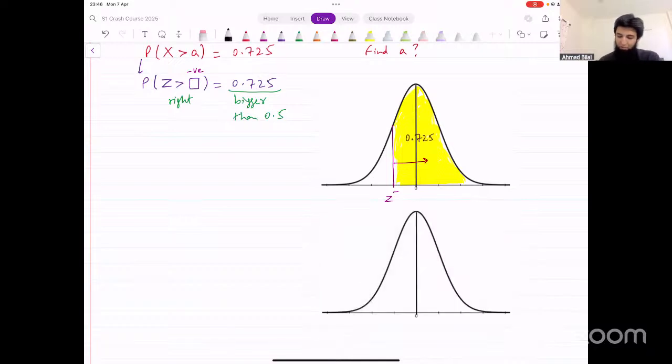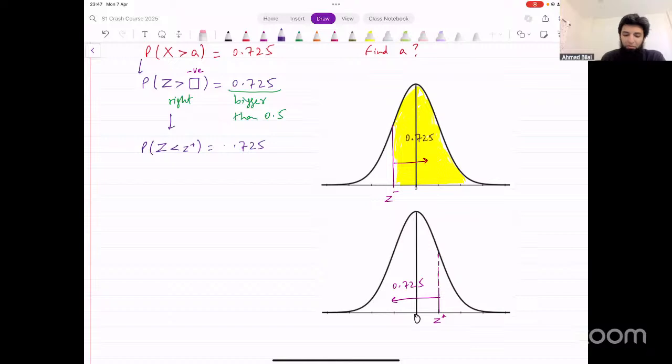We can say, okay, if the area to the right of this negative value of z is 0.725, then the corresponding positive value, if this is, for example, minus 1.5, will be plus 1.5. So the positive value corresponding to this, the area to the left of that, would also be 0.725. So we can say it's equivalent to saying probability of z less than the positive value of z is 0.725.